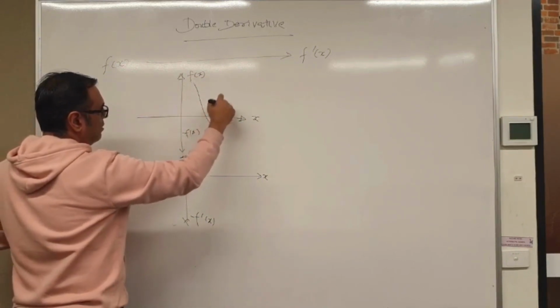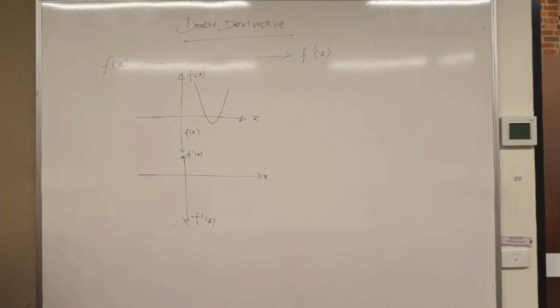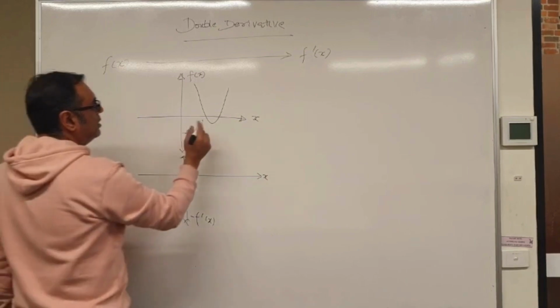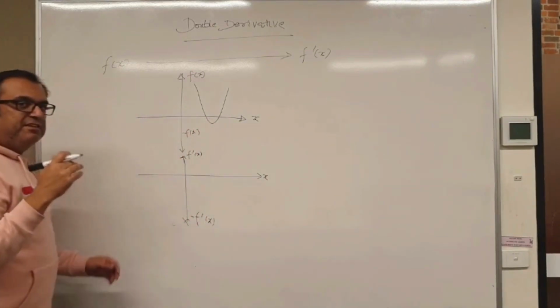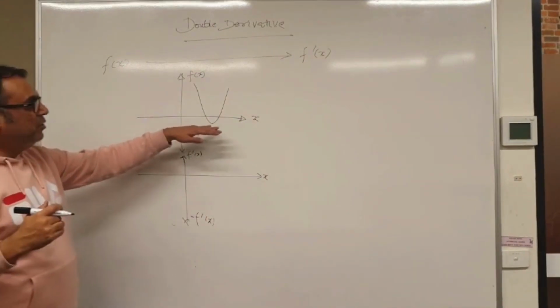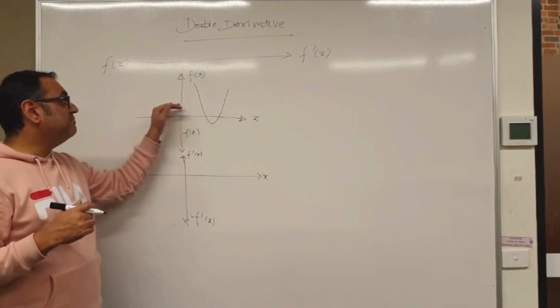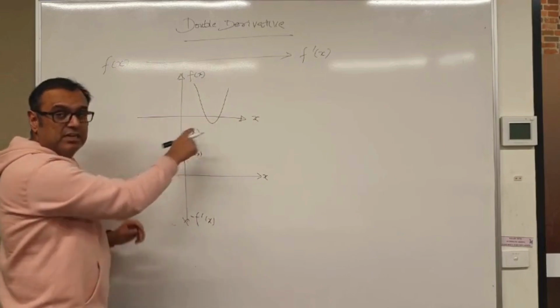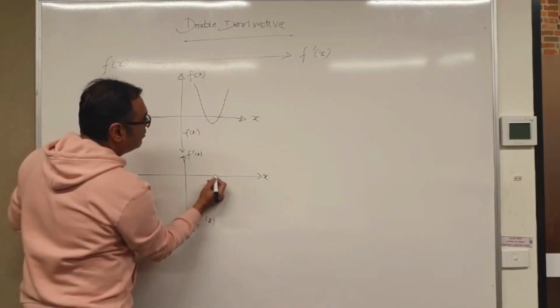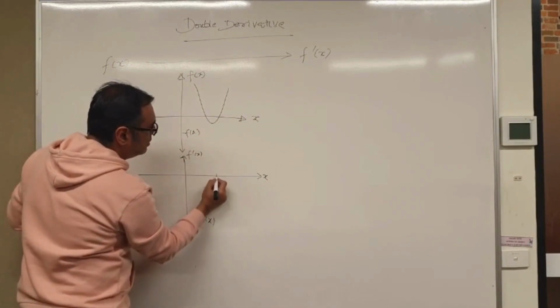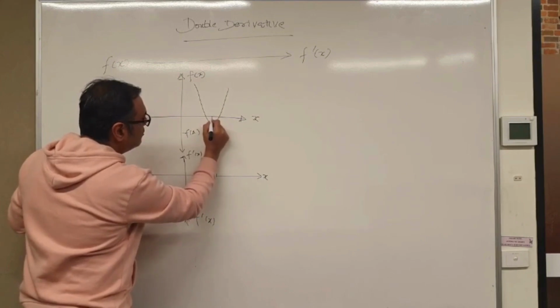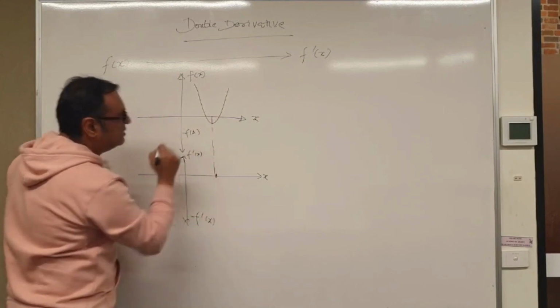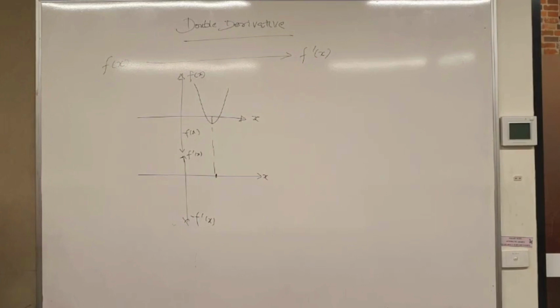Now let's say I have a parabola. You remember when we did the derivative graphs, how you derive the derivative graph from the original function graph? Wherever the turning point is, that becomes the x-intercept of the derivative graph.